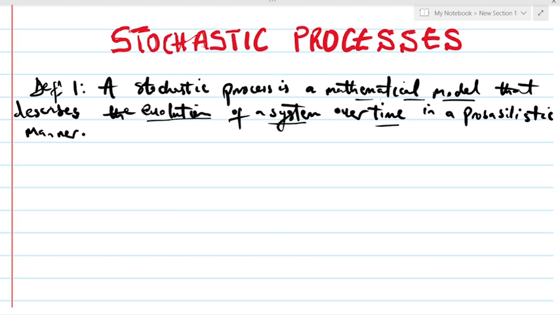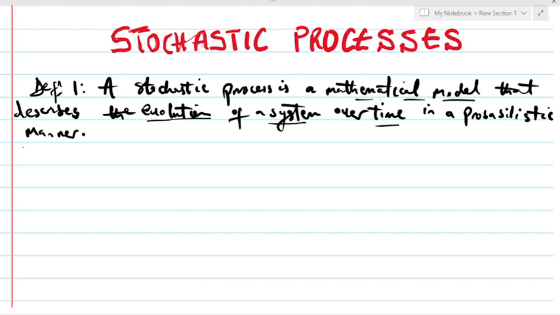When we are dealing with a particular drug, what is the effectiveness of the drug over time? When we are trying to observe a particular phenomenon, a dynamic system, we check what happens to that system over time, by using a mathematical model.